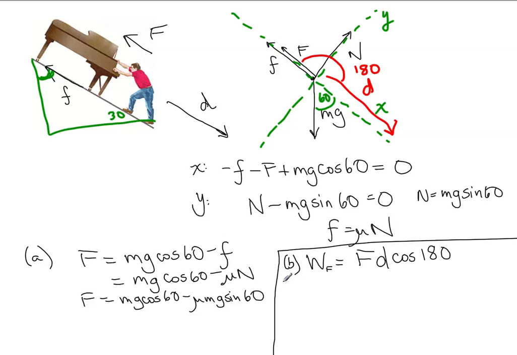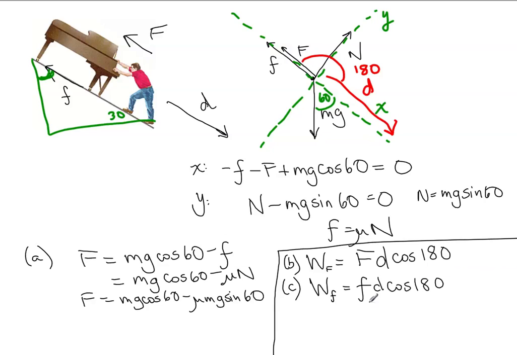The next one is the work done by the frictional force, work from little f. So that's going to be the frictional force times the displacement times cosine 180. It's the same angle because they're pointing in the same direction.